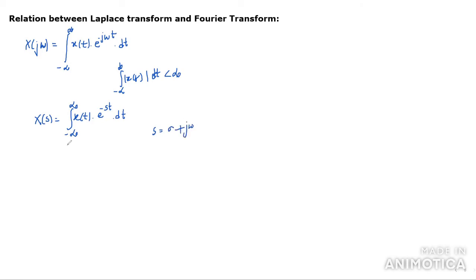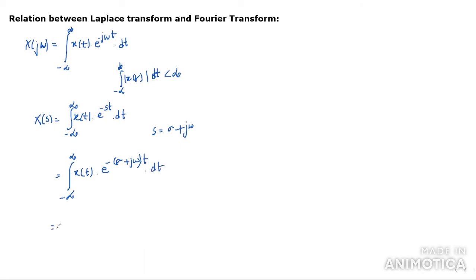If I substitute this here, I can rewrite this equation as integral from minus infinity to plus infinity of x of t e power minus (sigma plus j omega) t dt.